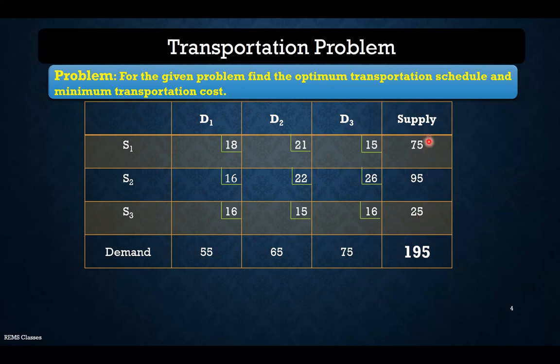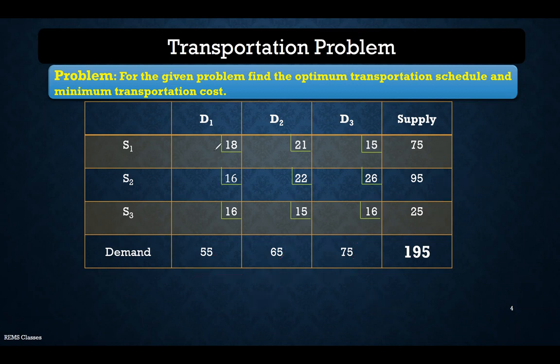If we add these three and these three, we get the same total: 195 and 195. So both are equal, and we say that this particular problem is a balanced transportation problem.